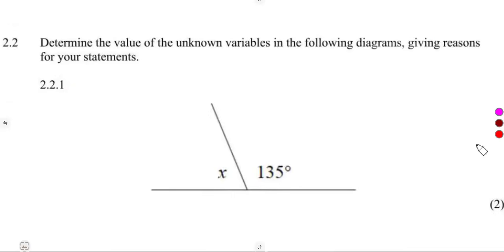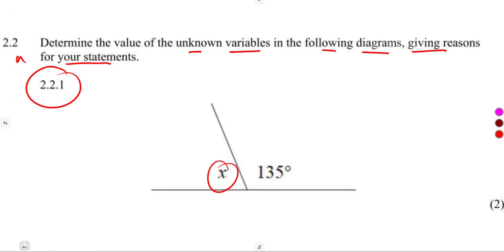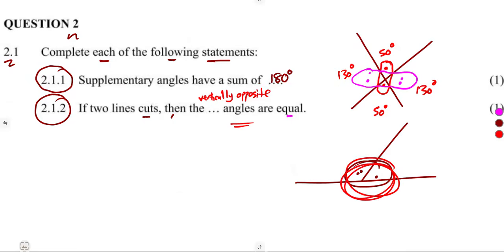2.2. Determine the value of the unknown variables in the following diagrams, giving reasons for your statements. 2.2.1. x. The variable that we see there is x. Where is it found? On a straight line, just like what I was explaining here on these two supplementary angles, which gives us what? 180 degrees.